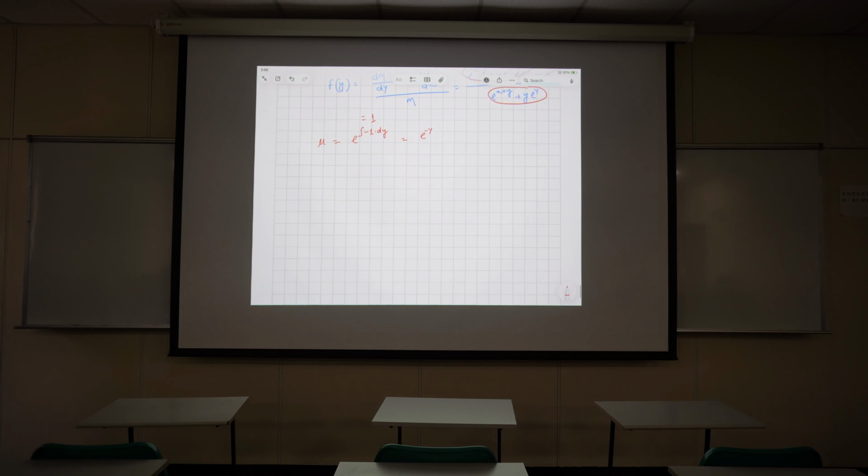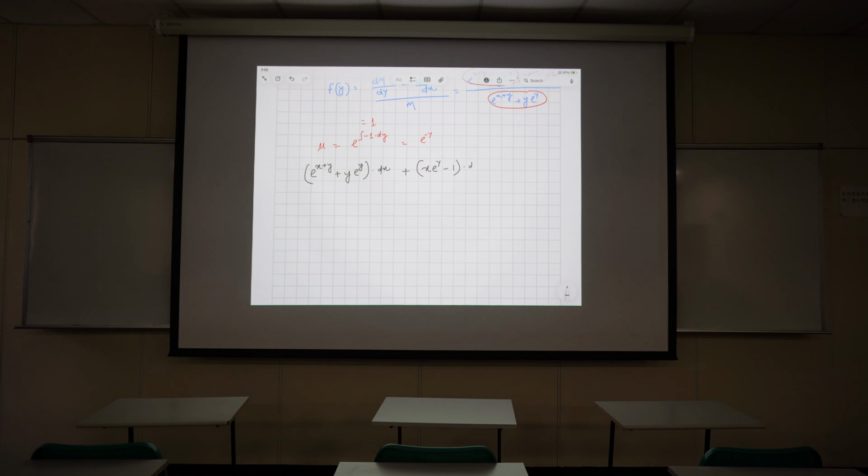That means if I write the original problem, e to the power x plus y plus y e to the power y dx plus x e to the power y minus 1 dy is equal to 0, I simply have to divide by e to the power y.